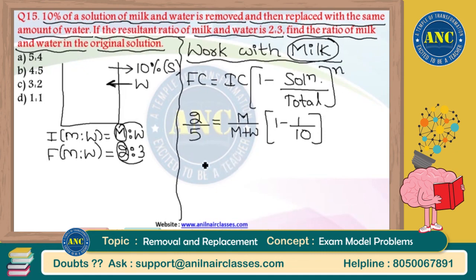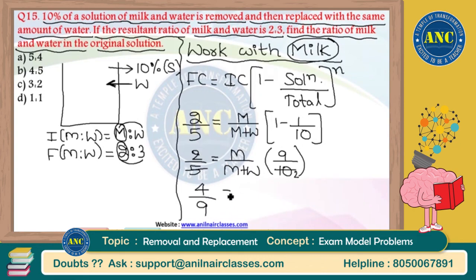Now if I further simplify, 2 by 5 is equal to M divided by M plus W into 1 minus 1 by 10, which is nothing but 9 by 10. So 5 into 1, 5 into 2. This 2 will cross multiply to the left hand side. 2 into 2 is 4. 4 by 9 is equal to M divided by M plus W. Now can I say that M value is nothing but 4.